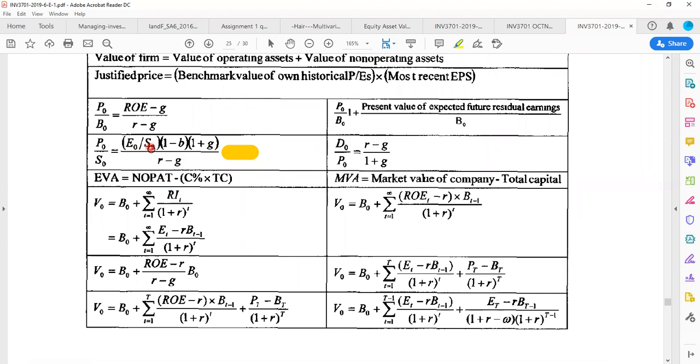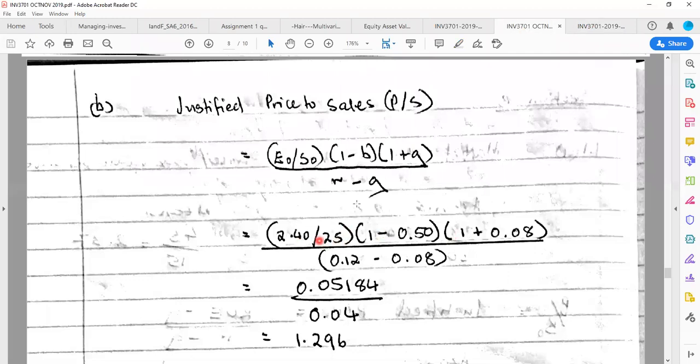Remember E0 over S0, this is the net profit margin, or it's the earnings per share over the sales per share, but this can also be called the net profit margin. 1 minus b, this is 1 minus retention, 1 plus g, this is 1 plus growth, over r minus g, right? So we simply substitute that information for Azania.